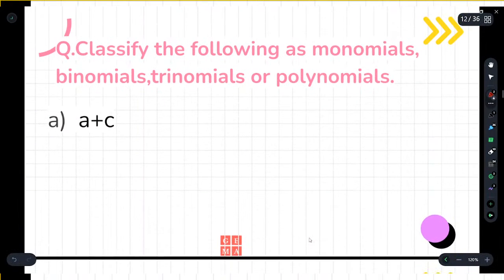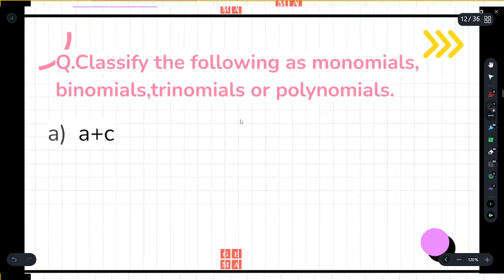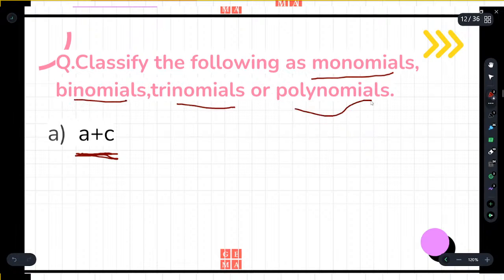Okay. Classify the following as a monomial, binomial, trinomial or polynomial. So what is it? What is this one? a plus c. Is it a monomial, a binomial, trinomial or a polynomial?